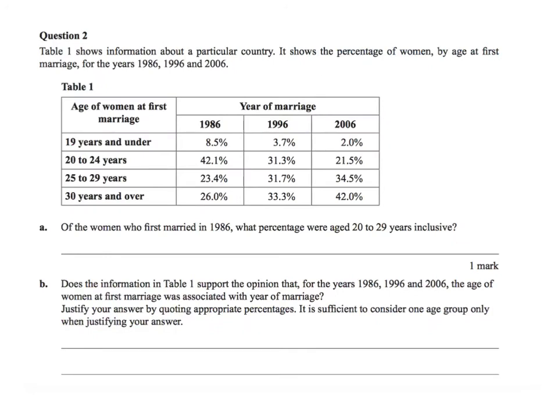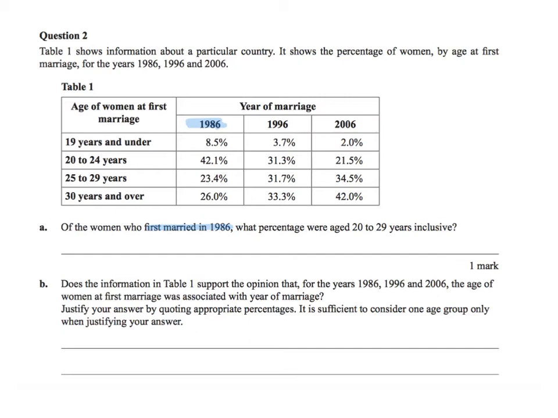Good. Okay, let's do a couple of others. The table shows the information about a particular country. It shows the percentage of women by age at first marriage for the years 1986, 1996 and 2006. So, of the women who were first married in 1986, so they want just these women, what percentage were aged between 20 and 29 years?